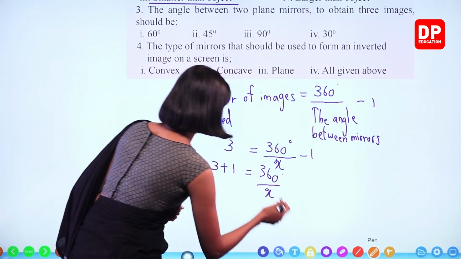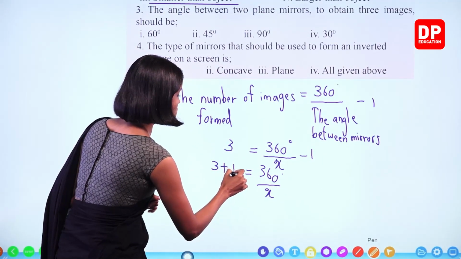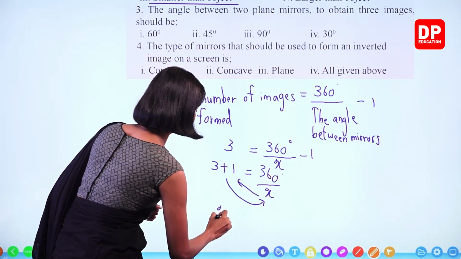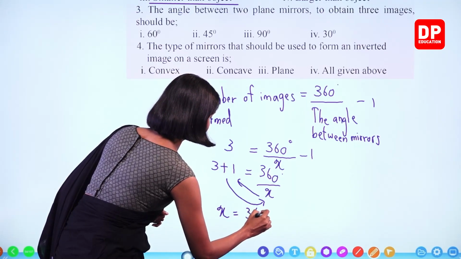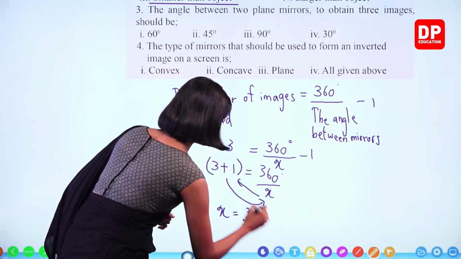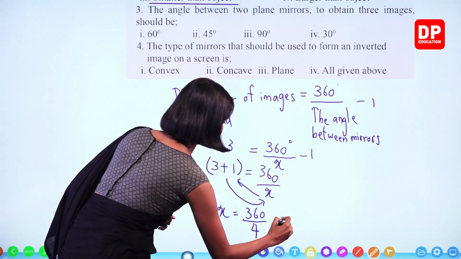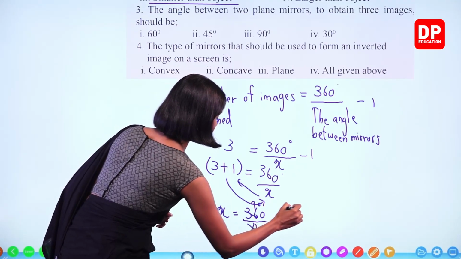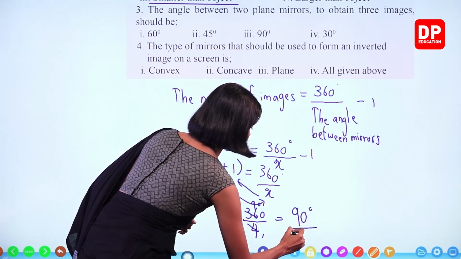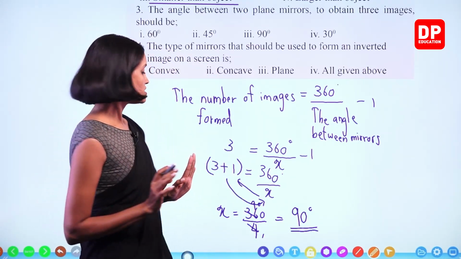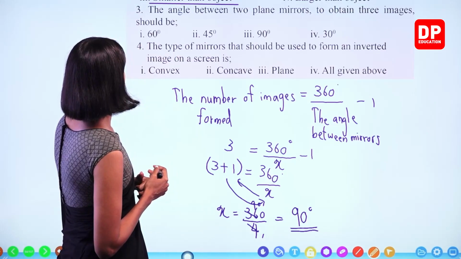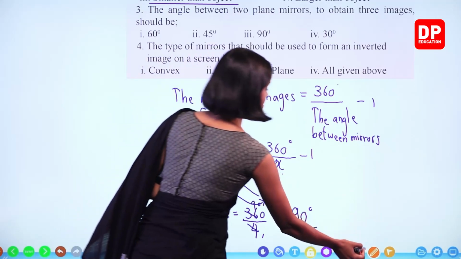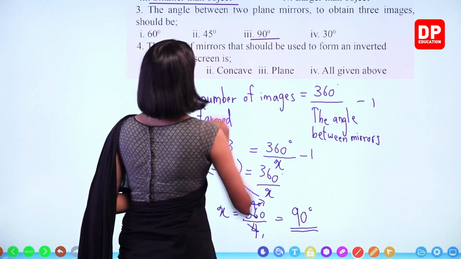Then what happens? So this becomes 4. Therefore cross multiplication, this goes here, this comes here, which means x equals 360 divided by 3 plus 1, 4. What is the answer? Here 4 into 9, 90 degrees. Right children? x equals 90 degrees. The angle between two plane mirrors to obtain three images should be 90 degrees.